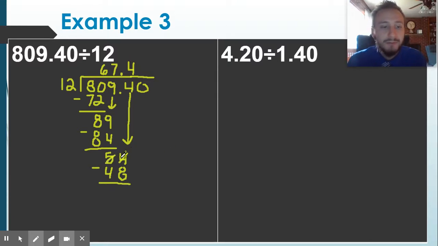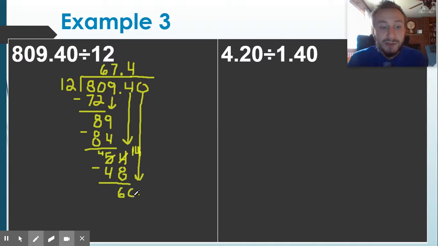Well, if we borrow, you get 14 and 4. 14 minus 8 gives you 6. Good. And then you bring down your 0.